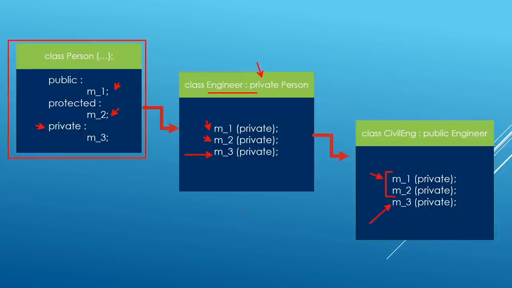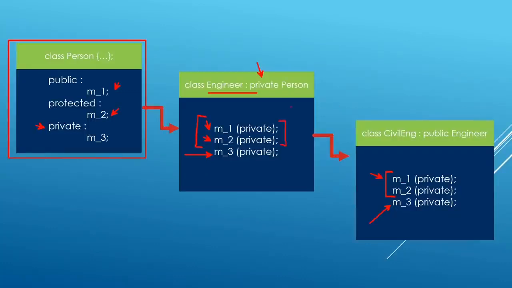So hopefully you can see the message that if a member variable is private, it can't be inherited in any way. It doesn't matter which kind of inheritance you do. So starting from engineer, which has made M1 and M2 private to itself, it's no longer possible to forward these guys down in the inheritance hierarchy.